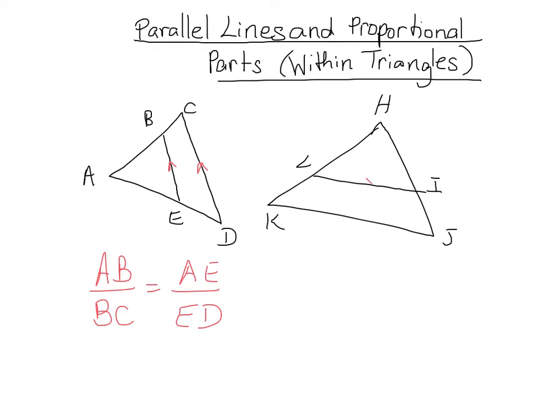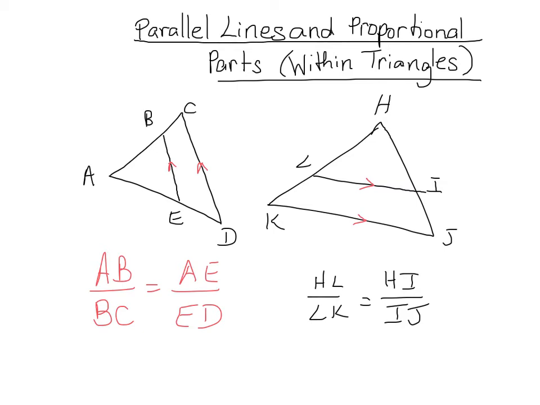Now it's parallel to the bottom, which means that our parts, as you can see, that's one part and that's one part on the left. So HL over LK is going to be equivalent to this over this, HI over IJ. So all these parallel lines do is chop our triangle segments into proportional parts.